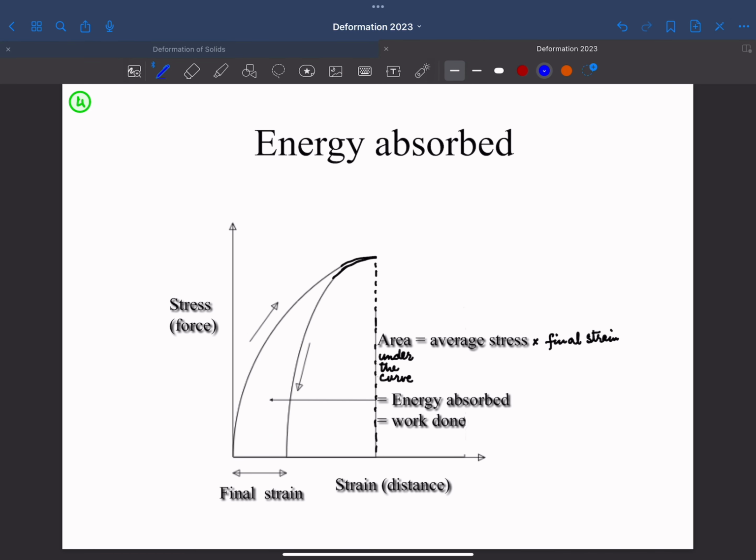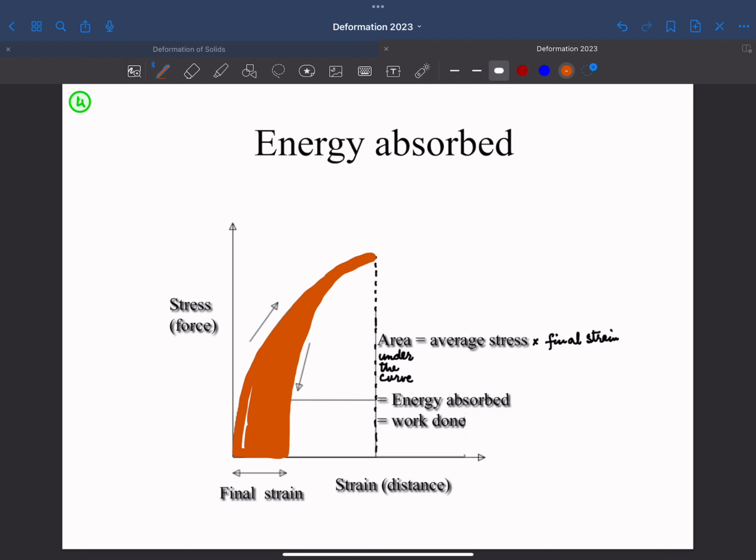Here again, I have already explained on the other page. So if you can recall, this is the energy absorbed, and as we have already explained, the other part will be energy recovered.